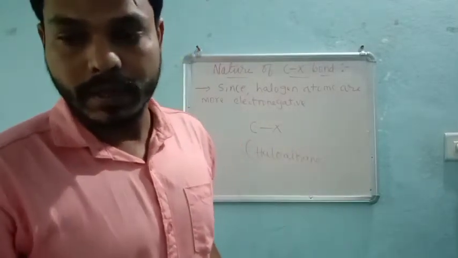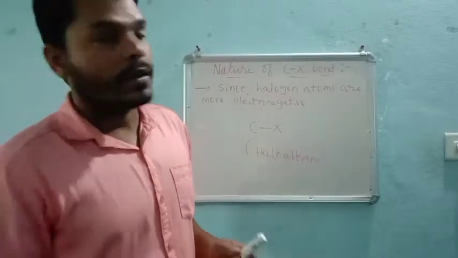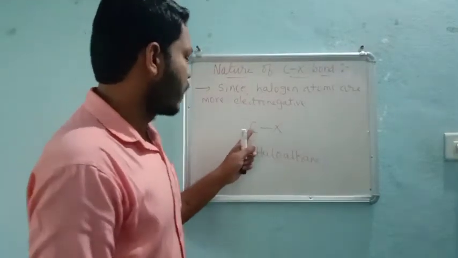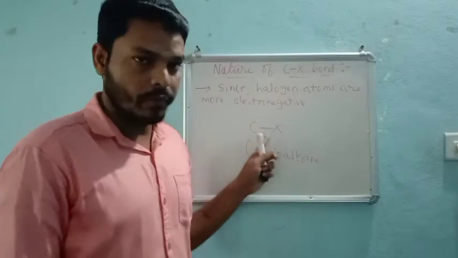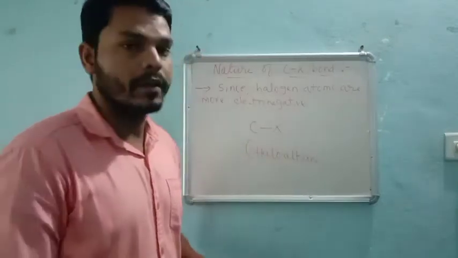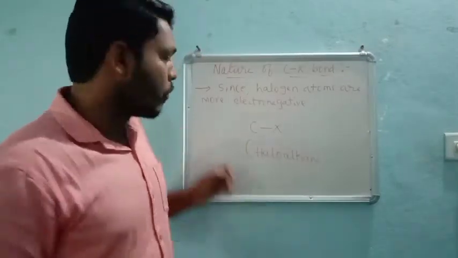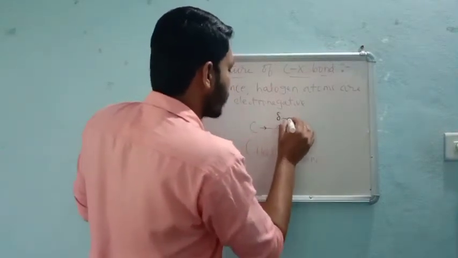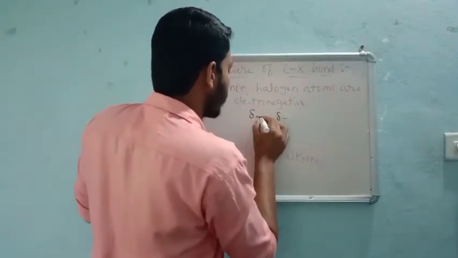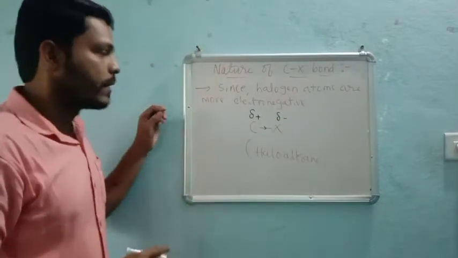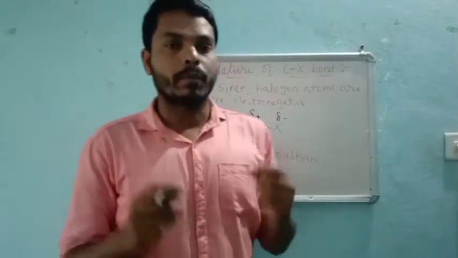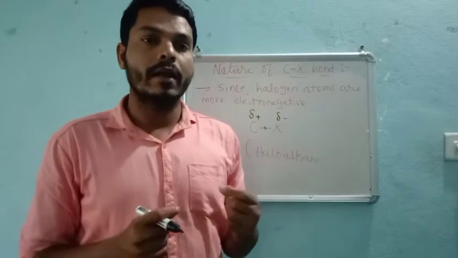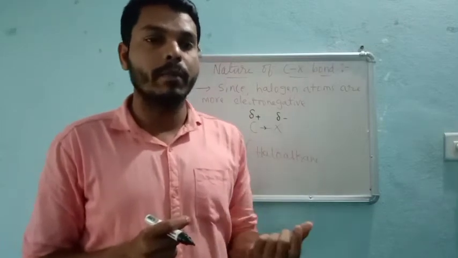So in the haloalkane, if we see the total bond, the halogen is more electronegative than the carbon. So it gets a partially negative charge and the carbon gets a partially positive charge. Now both the charges are present on the same compound.